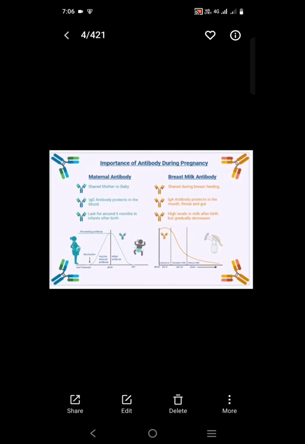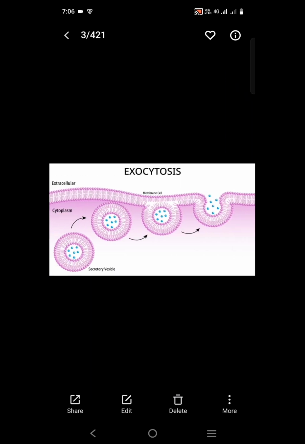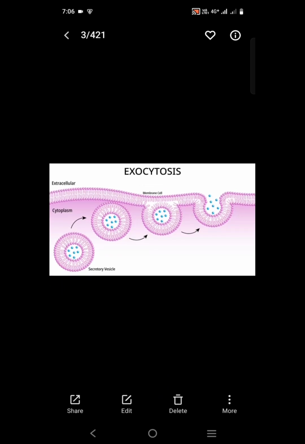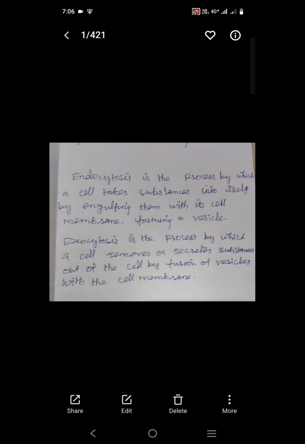If you look at this image, you can understand exocytosis. The first image is the first process: the secretory vesicles carrying molecules go to the cell membrane of the cell. Next, they are released out of the cells. So this is exocytosis, the process by which a cell removes or secretes substances out of the cell by fusion of vesicles with the cell membrane.